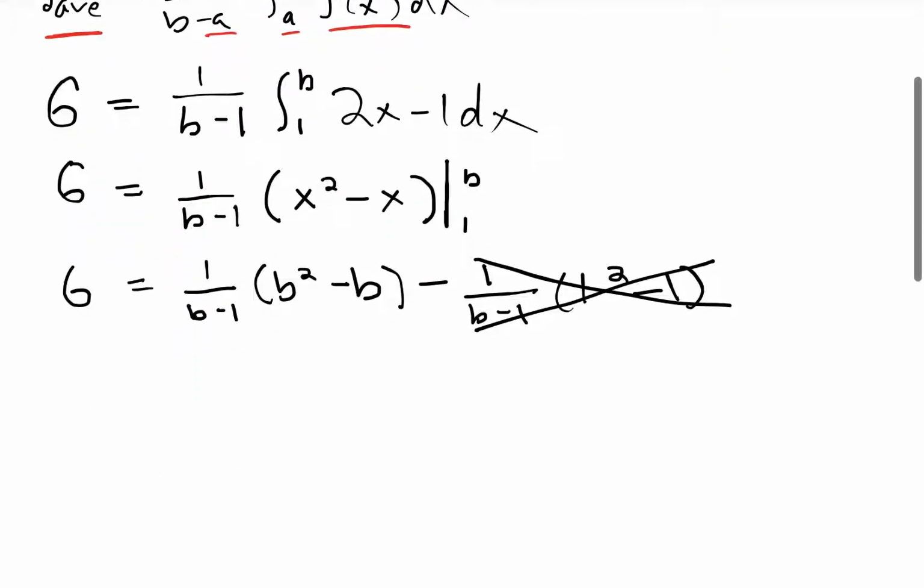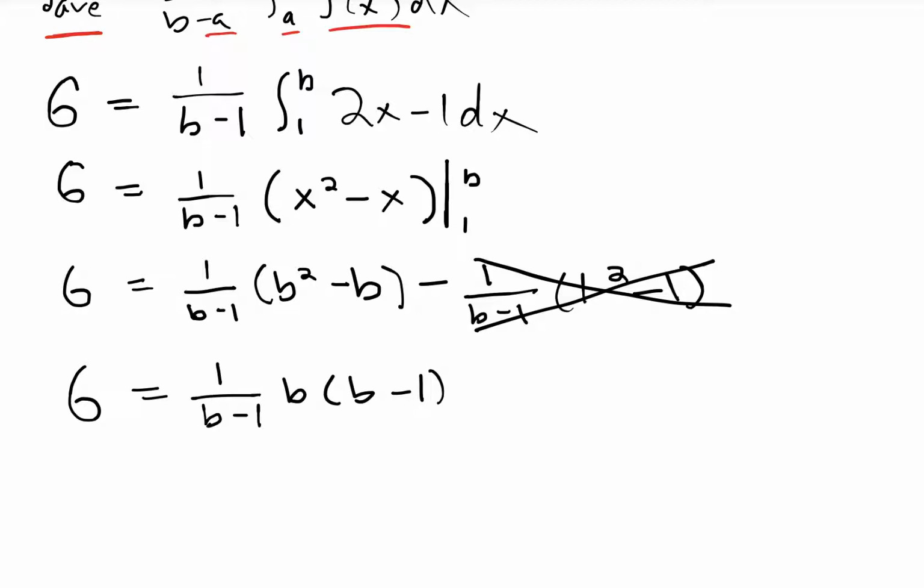Now there are a couple different ways you could go. You could multiply both sides by b, move stuff to one side and factor and whatnot. But if I'm really careful and observant here, you may note that if I factor out this expression, I'm getting b times b minus 1, and these terms actually cancel.